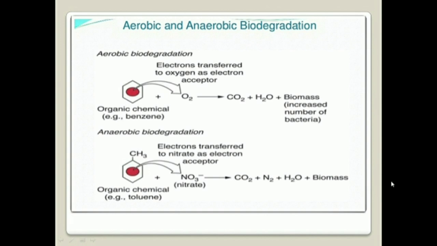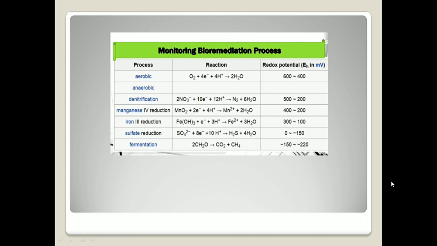In case of anaerobic, where oxygen is limited, inorganic compounds such as nitrates, sulfates, and carbon dioxide serve as terminal electron acceptors to facilitate the biodegradation process. Here the slide shows the sequential reactions which take place during the bioremediation process, which depends on the nature of the contaminant.